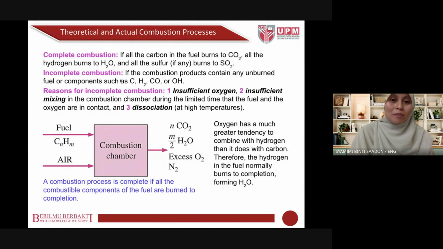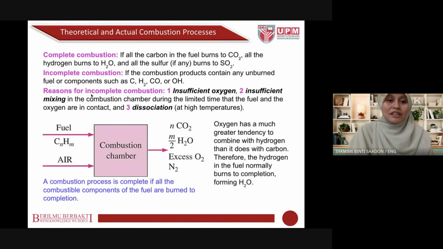Incomplete combustion means maybe we didn't put enough air, maybe not enough time, etc., which makes the combustion process incomplete, so unburned fuel components are left in the products.